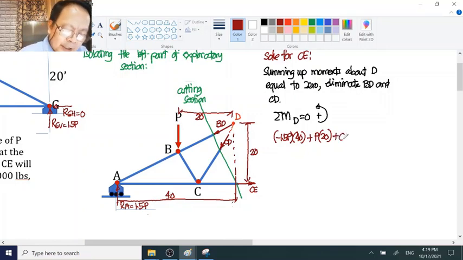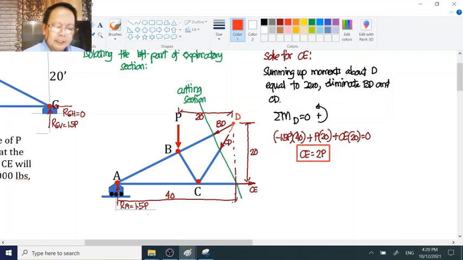So, plus CE multiplied by 20 shall be equal to 0. So, from this equation, we shall be able to solve for CE, which when simplified will be equal to 2P. Ayun. 2P yung mangyayari. Kaya meron tayo ngayong value ng ating CE which is equal to 2P.